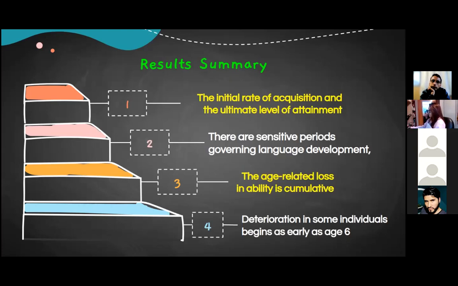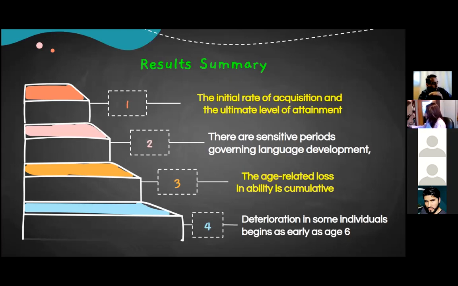About the results, first, both the initial rate of acquisition and the ultimate level of attainment depend in part on the age at which learning begins. Second, there are sensitive periods governing language development, first or second, during which the acquisition of different linguistic abilities is successful and after which it is irregular and incomplete.